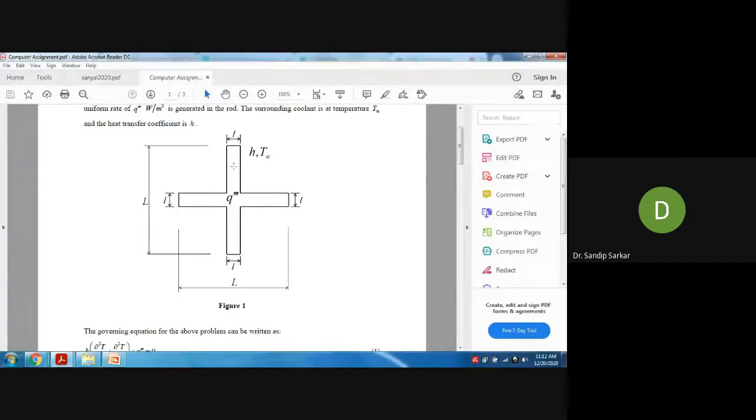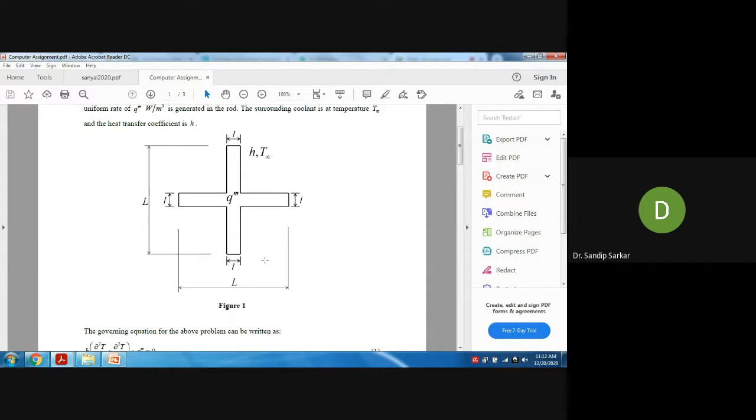There is a uniform generation of heat inside the nuclear fuel rod. Here Q triple prime, this is also Q triple prime. So everywhere there is a uniform generation of heat, and at the same time, this fuel rod is exposed to an atmosphere where the temperature is T infinity.